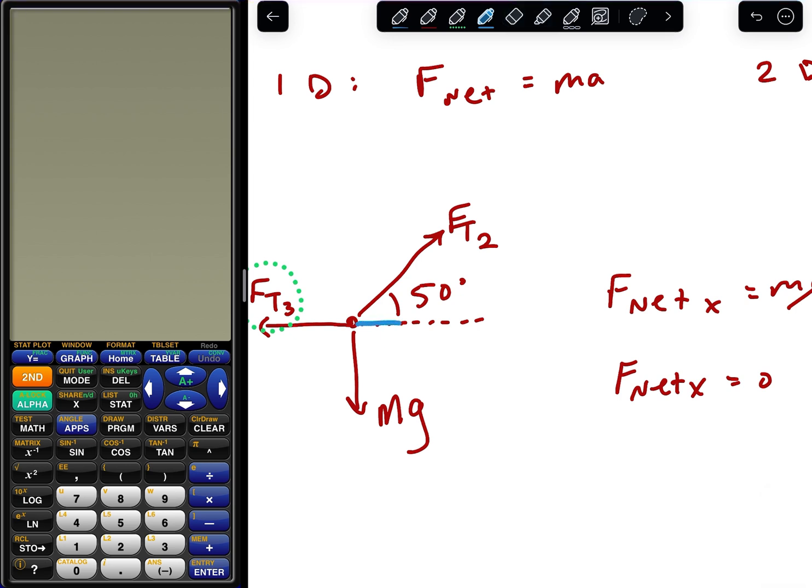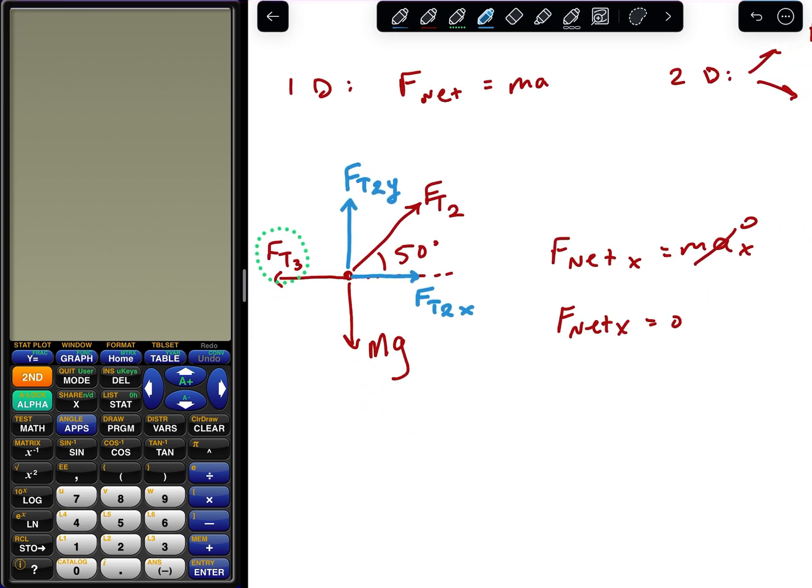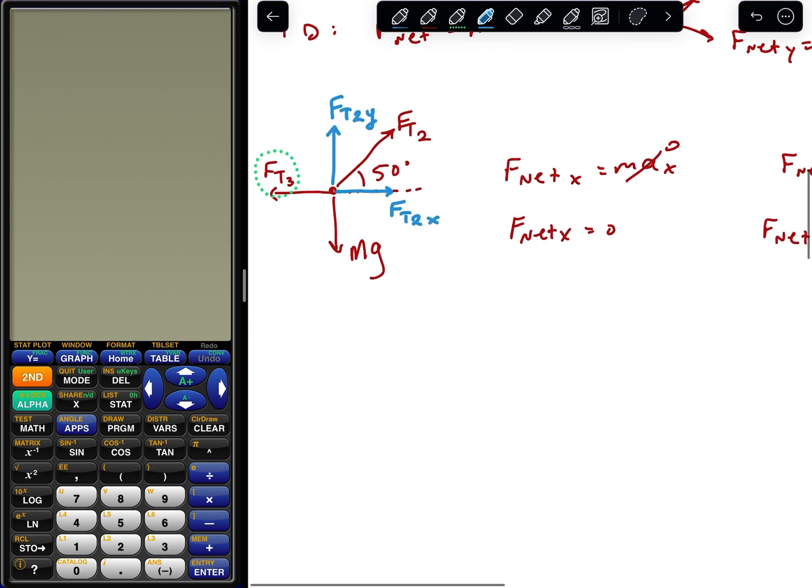We're going to say we have a force tension 2x and a force of tension 2y. Now, I'm going to redraw those forces and make a right triangle. Here's force of tension 2. Here is force of tension 2x and force of tension 2y.